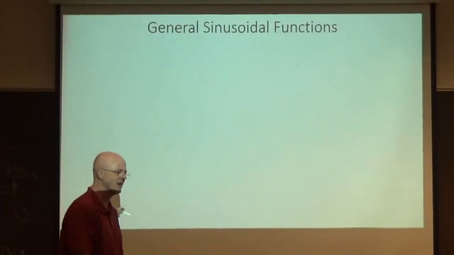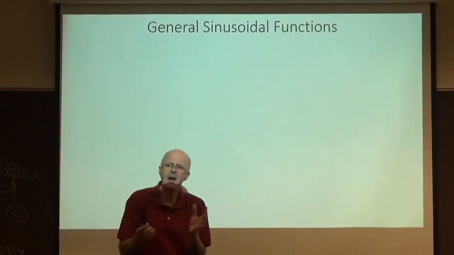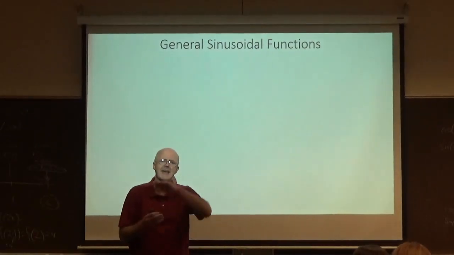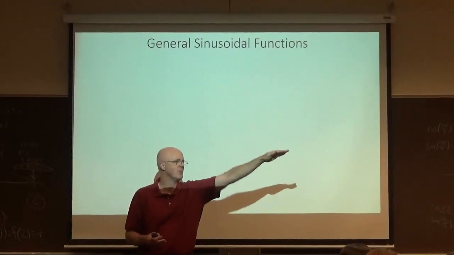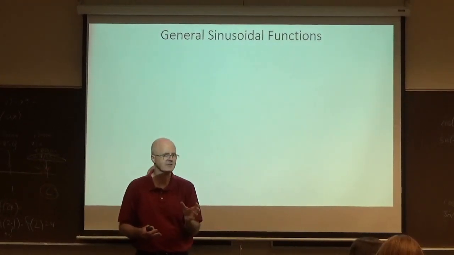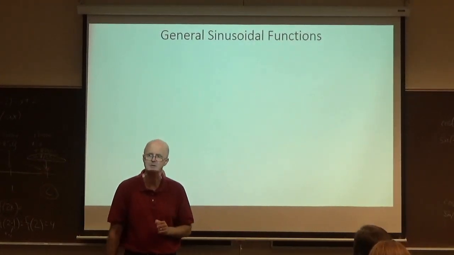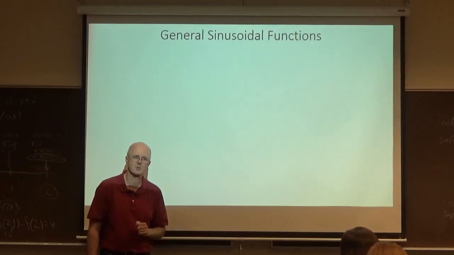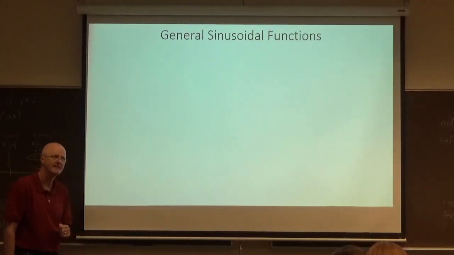General sinusoidal functions allow you to model any kinds of real pure oscillatory behavior that stays at a constant frequency and a constant amplitude. Heard those words in science classes before.